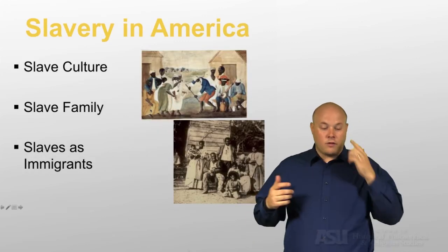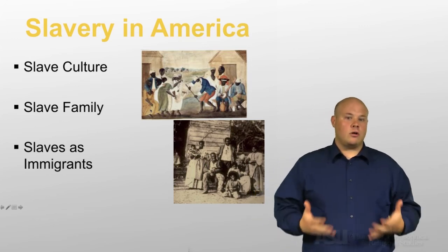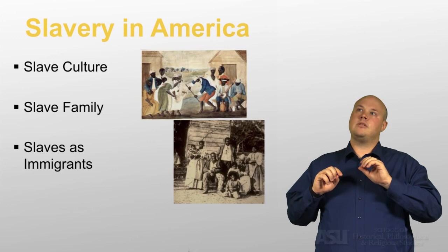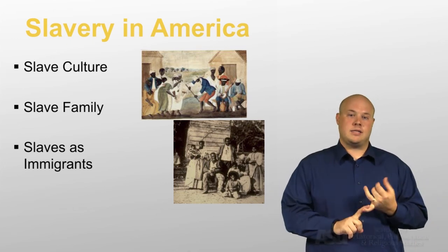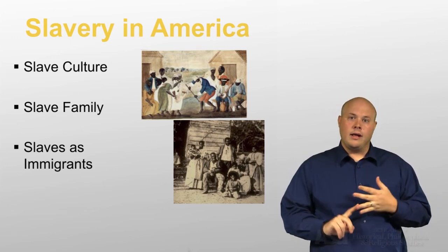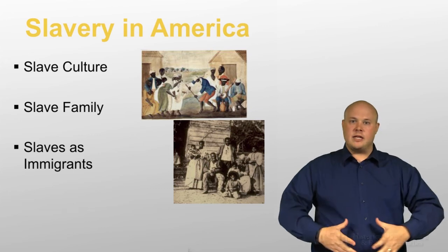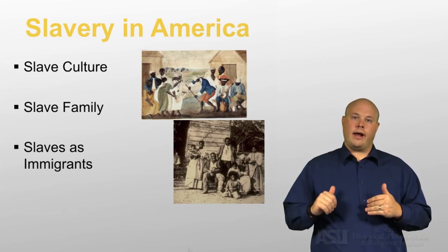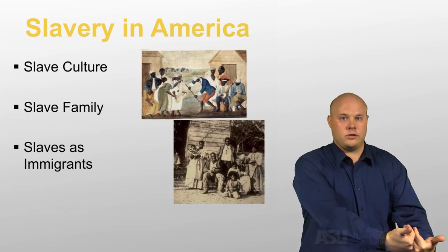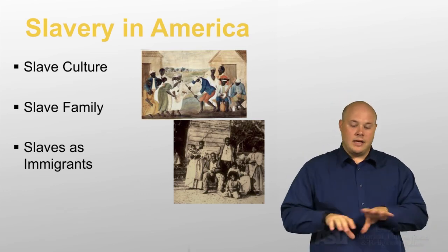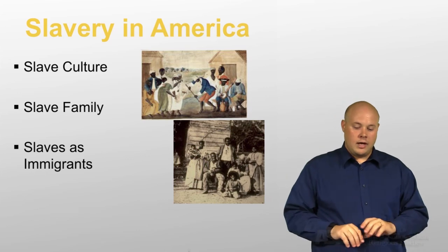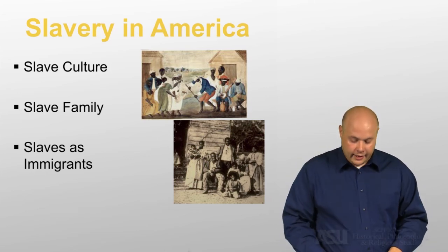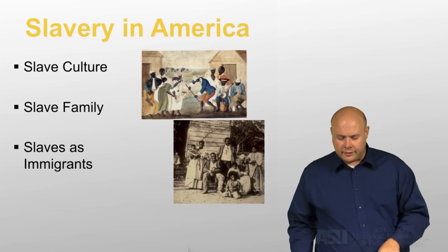And what that means for us is that slave culture, slave family is going to be a central part of American society, of American development. This idea that somehow just because they were slaves, they didn't influence their master's culture, right? Or that they didn't influence American culture because they were enslaved is absolutely false. Slave culture is going to be, again, one of the dominant forms of culture in colonial society.